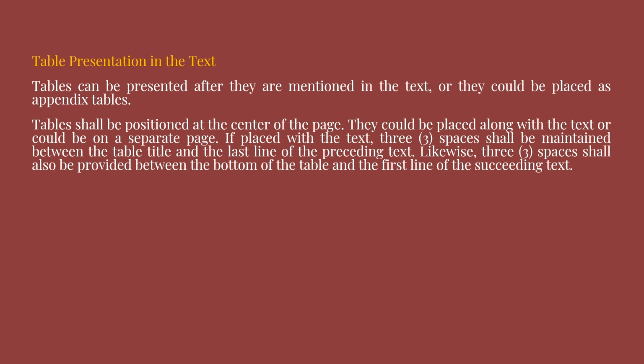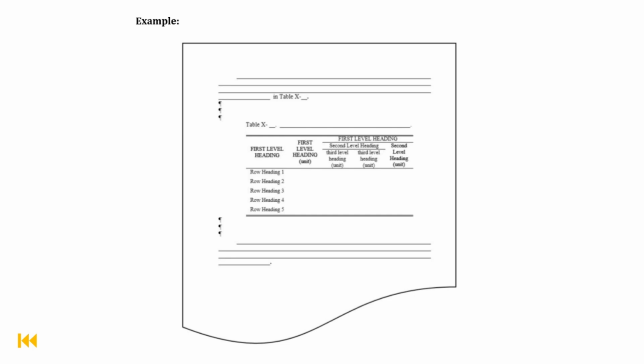If placed with the text, 3 spaces shall be maintained between the table title and the last line of the preceding text. Likewise, 3 spaces shall be provided between the bottom of the table and the first line of the succeeding text. So I have here an example. So you have here the text, the paragraph of your paper, and then you mention table x.x. So right after mentioning, or as you mention that, you have to present the table after.